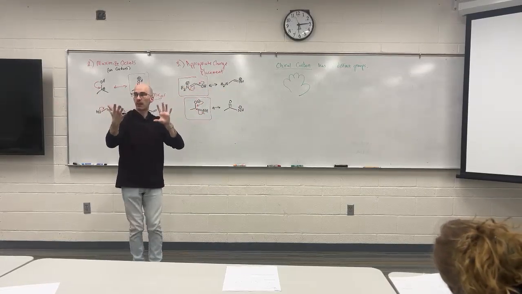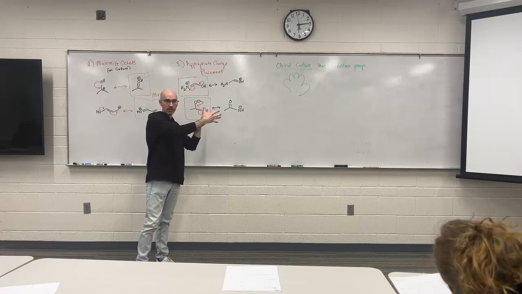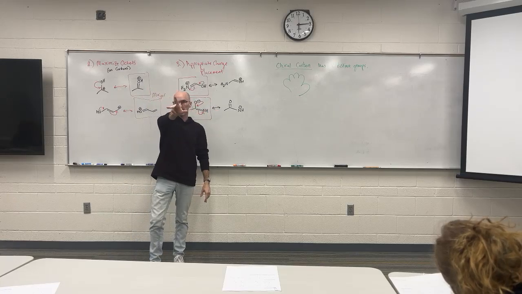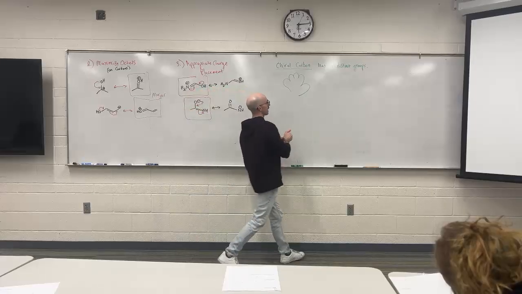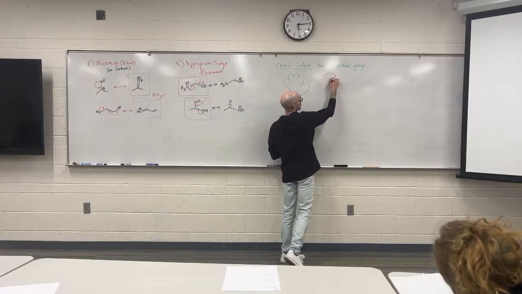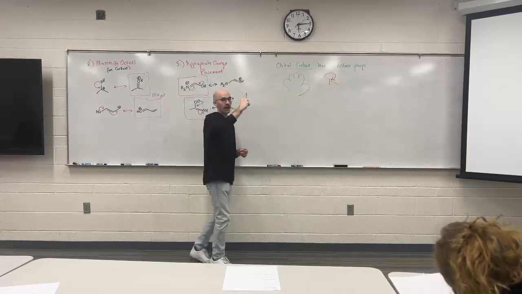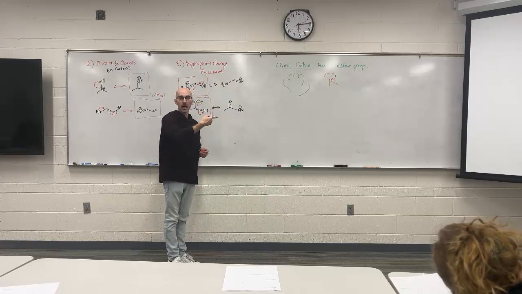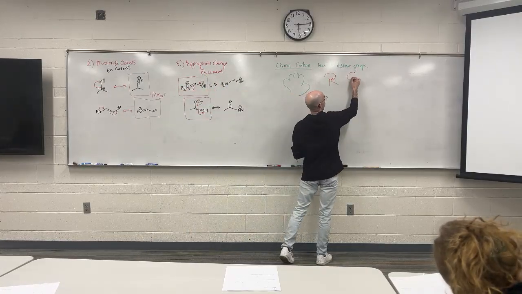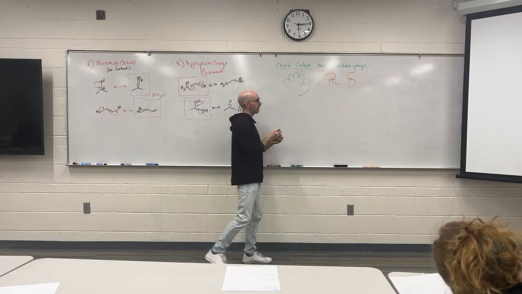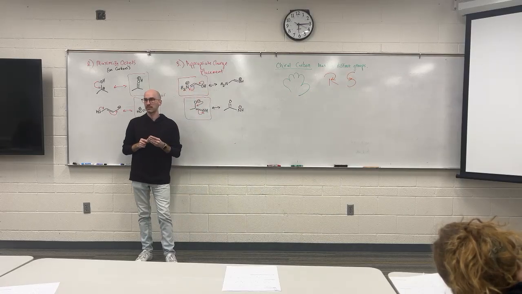Place the lowest priority away from your perspective. Look at the 3 highest priorities. And we say that if the 3 highest priorities are 1 to 3 clockwise, that's an R configuration. And if they are 1 to 3 counterclockwise, it's an S configuration.